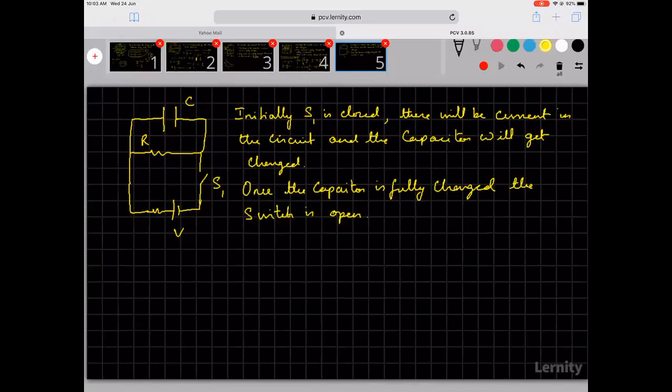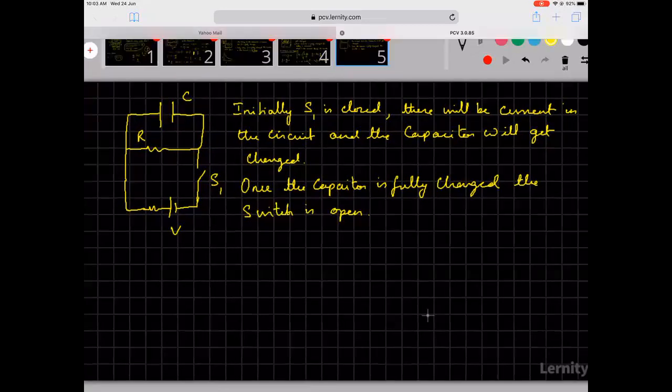If the switch is open, the battery is out of the circuit.